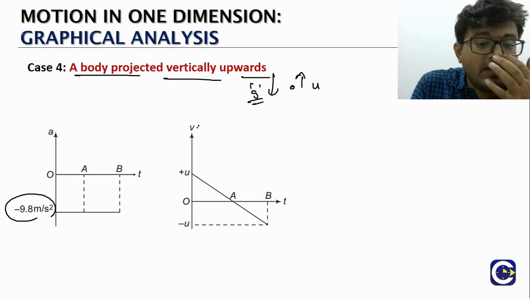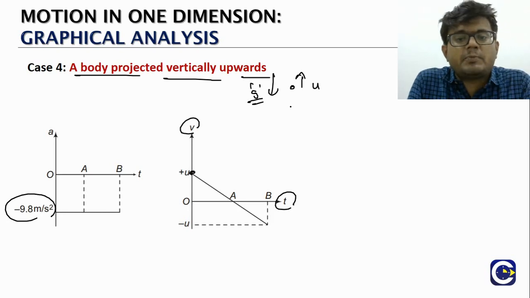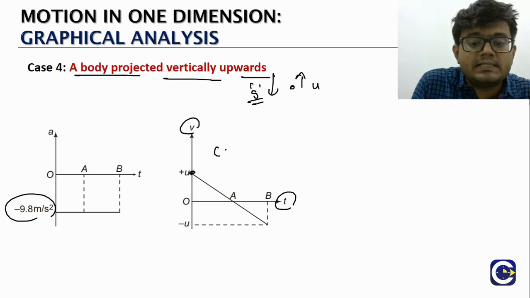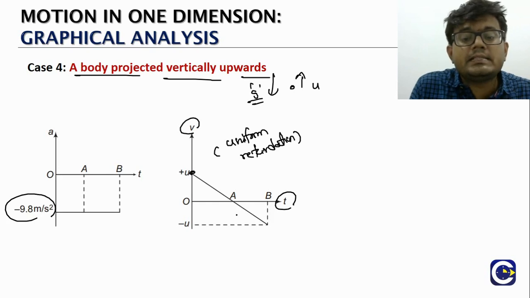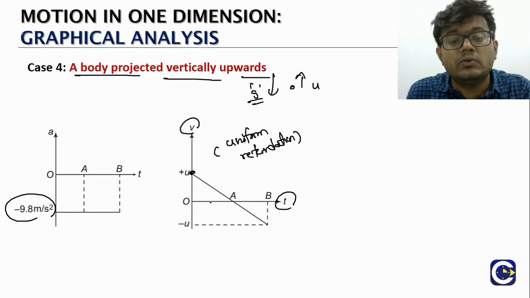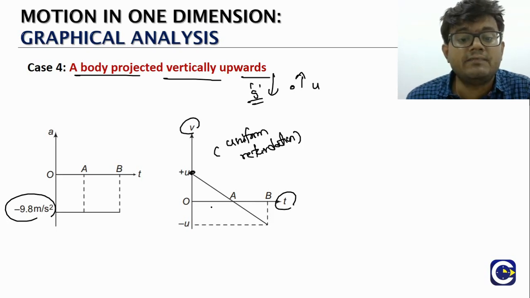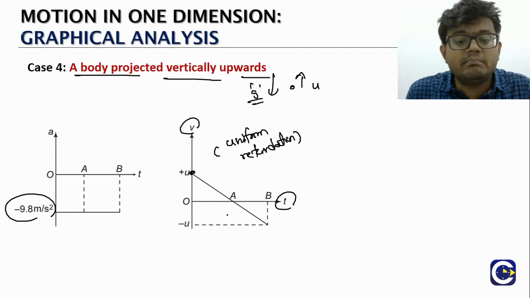What about the velocity time graph? Starting from the point where we are projecting it, it's a uniform retardation, which means a negative acceleration but constant value. So if you draw a tangent, the slope should always remain the same, which means the velocity time graph will be a straight line with a negative slope.